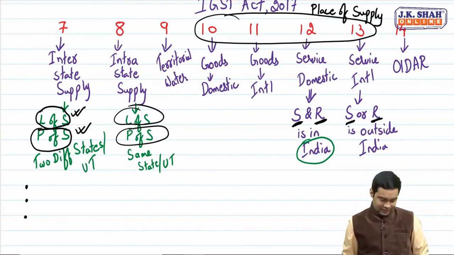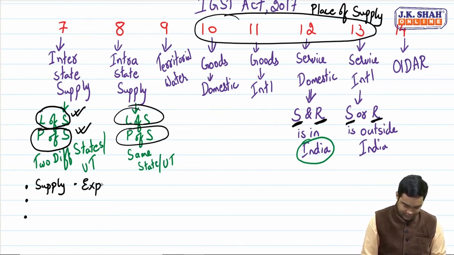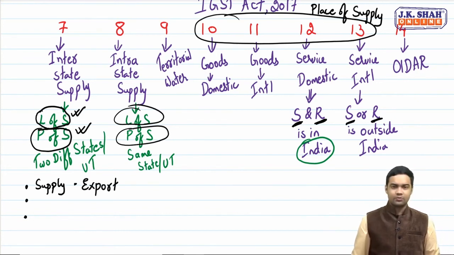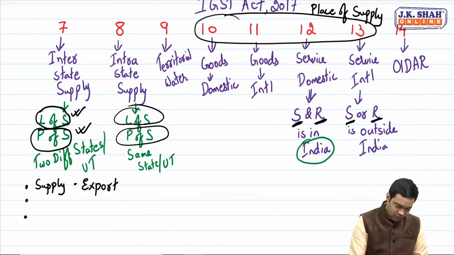The first transaction which will always be regarded as an interstate supply is any supply which is in the category of export. Any export transaction will always be considered as an interstate supply. When we say export, what do we mean?